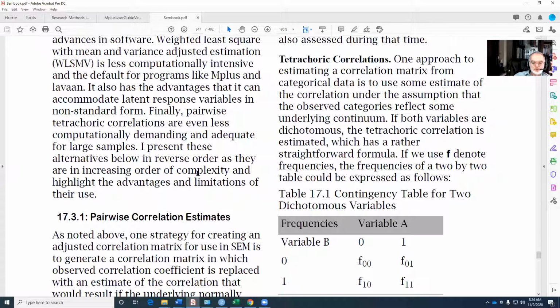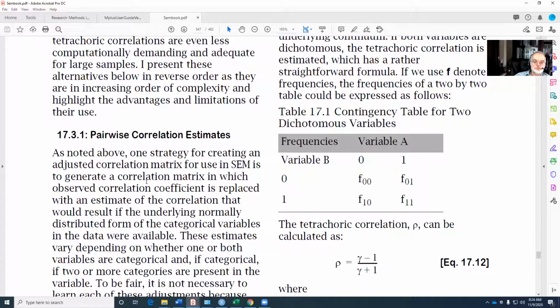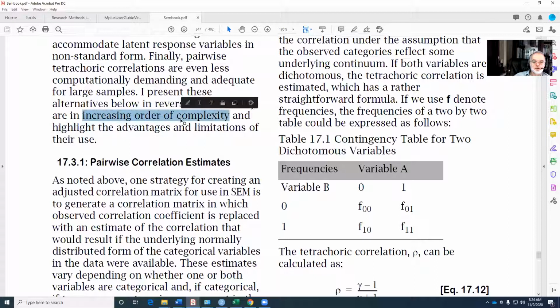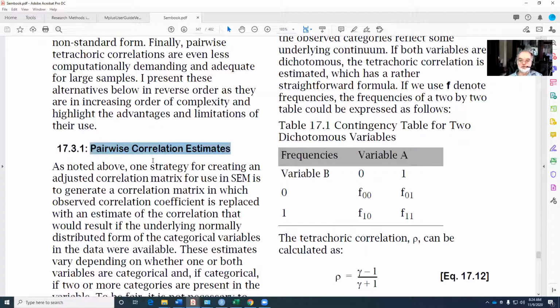There are other ways of dealing with categorical data that are adjustments. So let's talk about how we handle continuous data, categorical data, and estimate what correlations are. If you're doing an exploratory factor analysis inside of R using fa, or if you're doing a factor analysis inside of SAS or SPSS, frequently you'll find people saying, I'm going to estimate pairwise correlations.